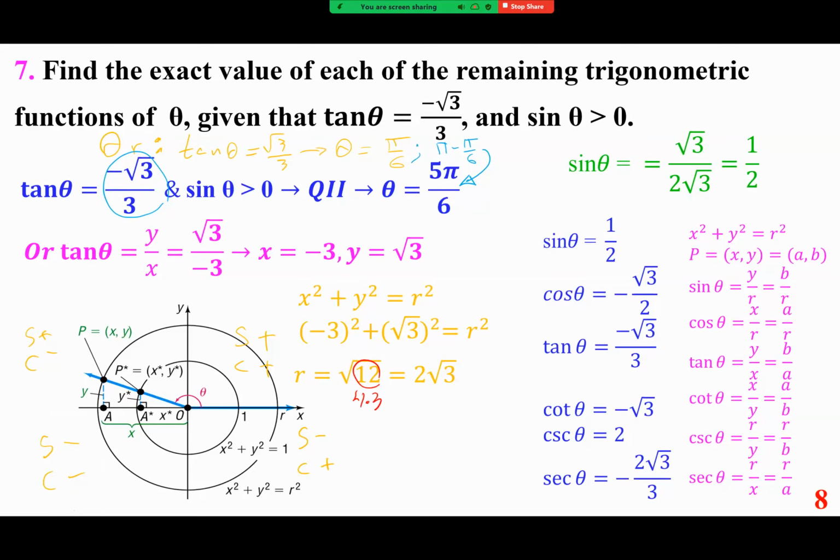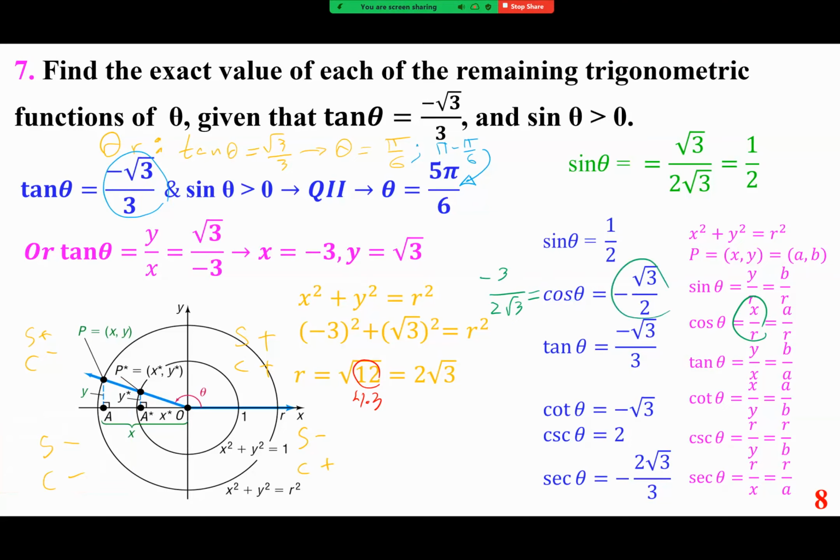Everybody knows how to do that. We go with this formula, x over r, minus 3 over 2 square root of 3. And if you multiply the top and the bottom by square root of 3, you end up with this answer.